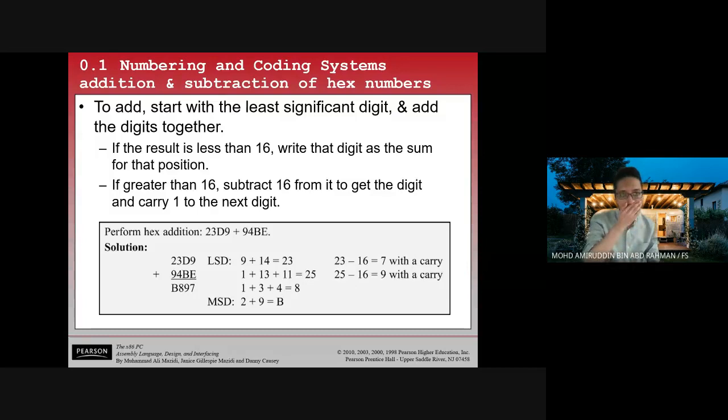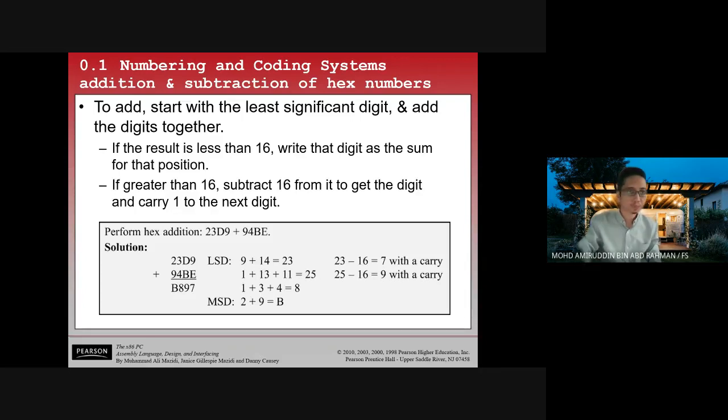If the result is less than 16, write that digit as the sum for that position. If it is 16 or greater, subtract 16 from it to get the digit and carry 1 to the next digit.